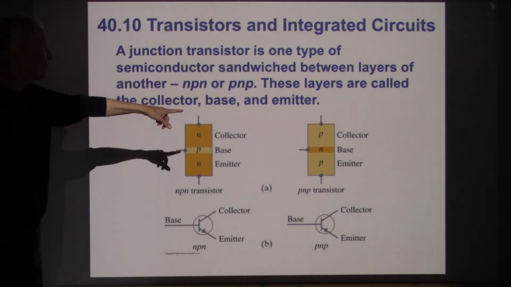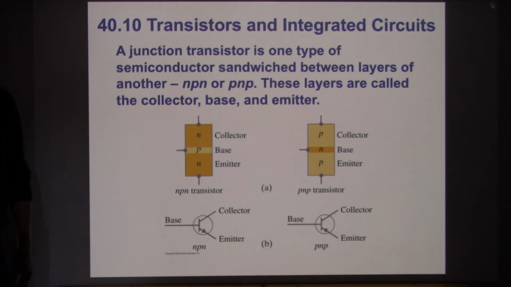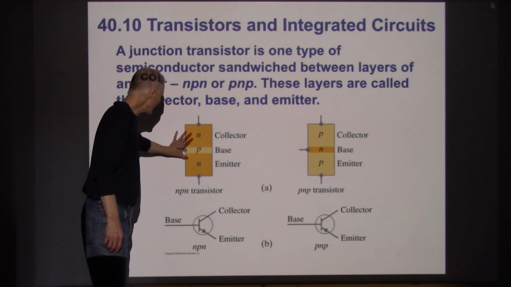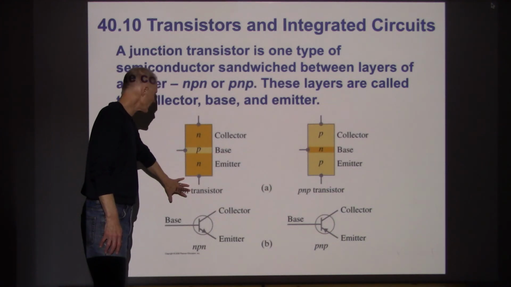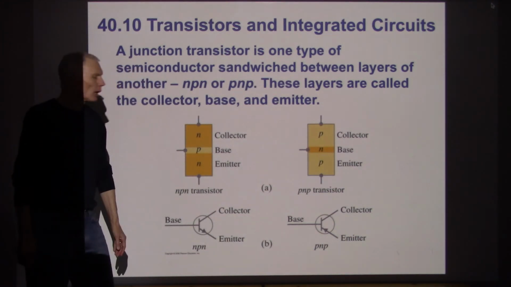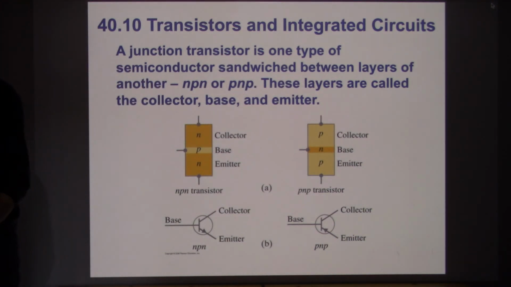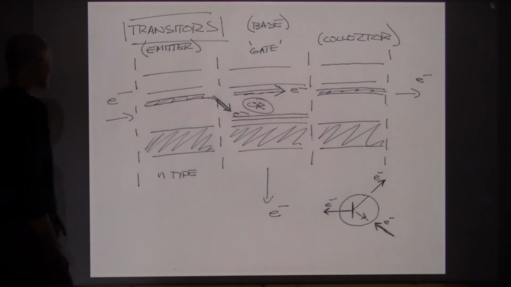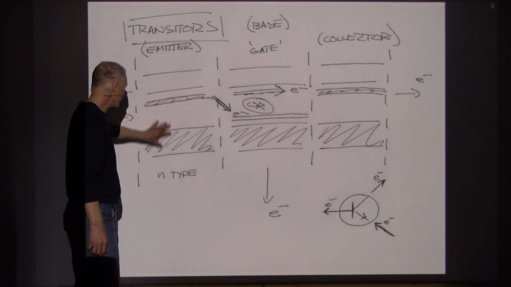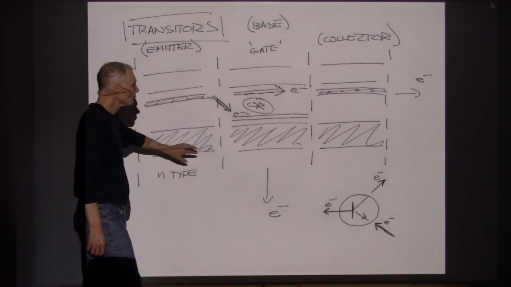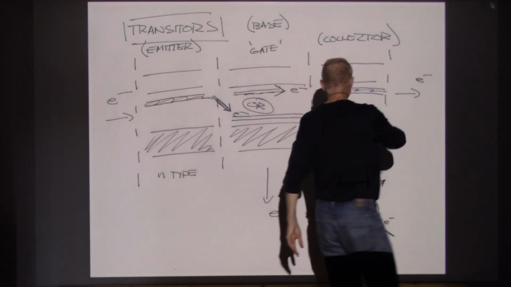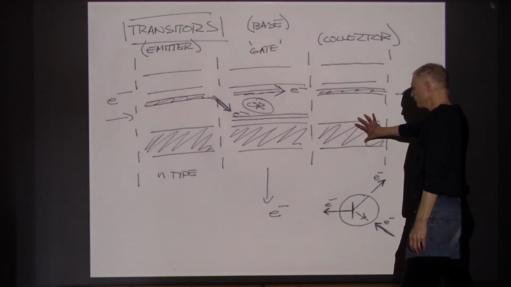Going to PNP is likely to be a little more confusing. But an NPN transistor, so this is what a transistor consists of, is 3 layers. And for the transistor, we'll start out with a layer of N-type material, followed by some P-type material, followed by another layer of N.